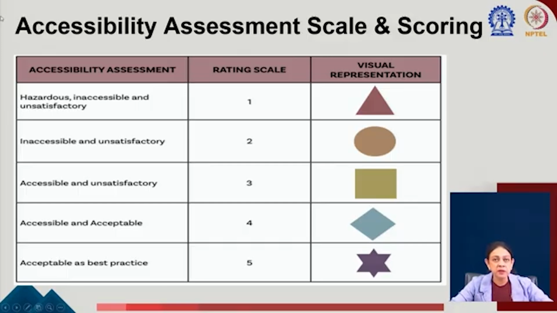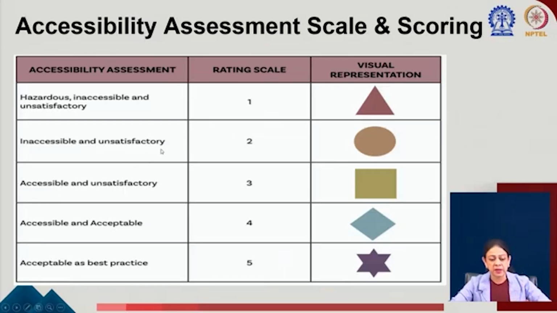If it is getting 1, that means it is hazardous, inaccessible and unsatisfactory. Or maybe you think about a staircase with very steep risers, inappropriate treads, maybe broken treads, no handrail. That is very hazardous, inaccessible and unsatisfactory. You get 1.